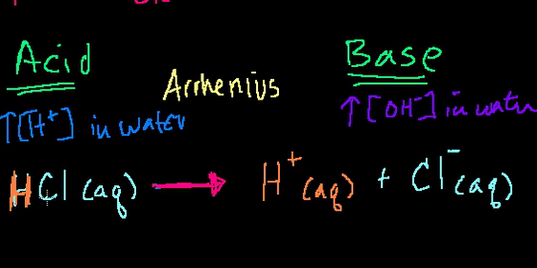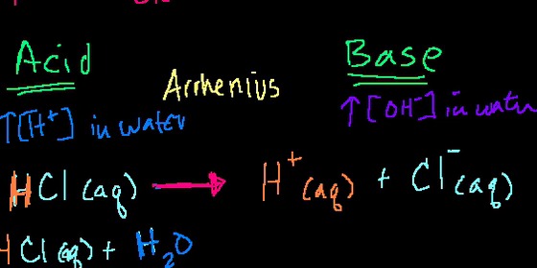So you could imagine if you place hydrogen chloride in water, you're going to increase its overall hydrogen concentration. And the same exact reaction could have been written like this, just to hit the point home. Hydrogen chloride in an aqueous solution plus H2O.